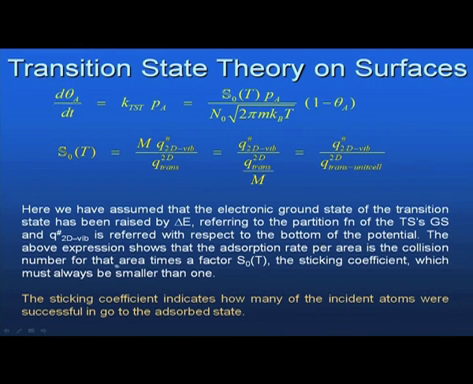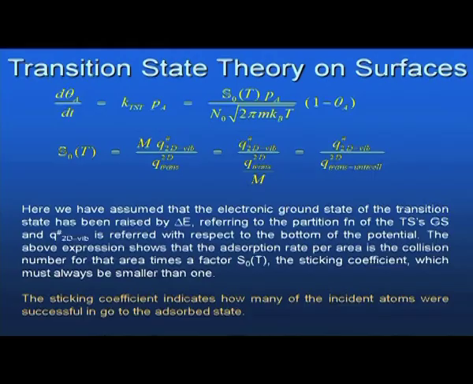The above expression shows that the adsorption rate per unit area is the collision number for that area times the factor S0T. So the adsorption rate is basically your collision rate, the rate with which it is colliding with the wall, times this sticking coefficient.